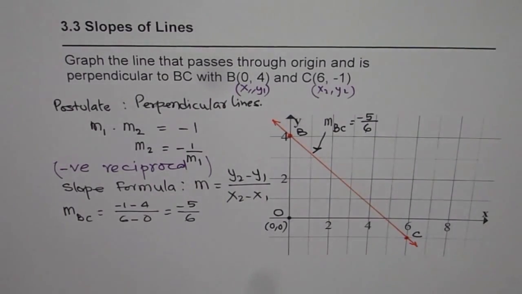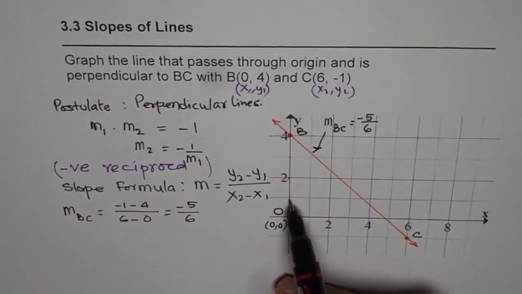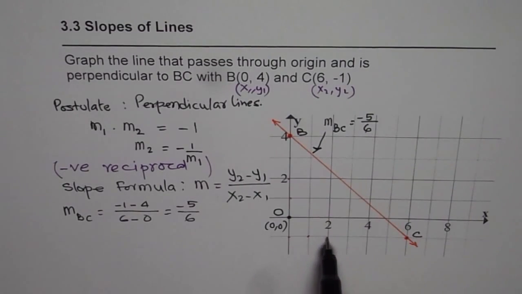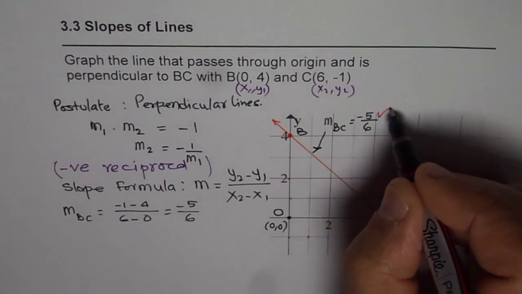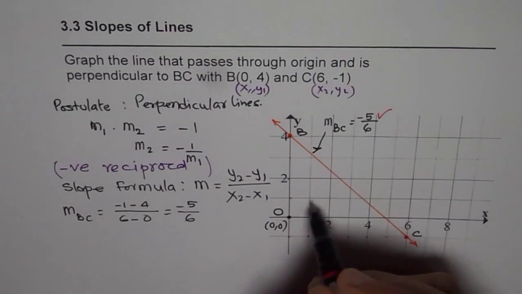You can verify, right? So -5 means go down 5: 1, 2, 3, 4, 5, and 6 horizontally: 1, 2, 3, 4, 5, 6. Correct. So you could find it like that also. That verifies this is the correct slope. Now what should be the slope of the line perpendicular to this line, right?